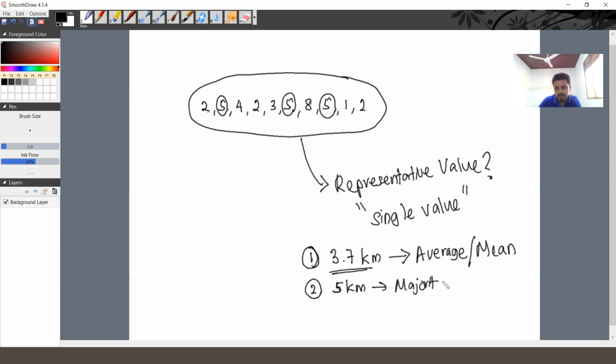Majority of individuals have traveled this particular distance, 5 kilometers. Therefore, we can give it as the representative value.